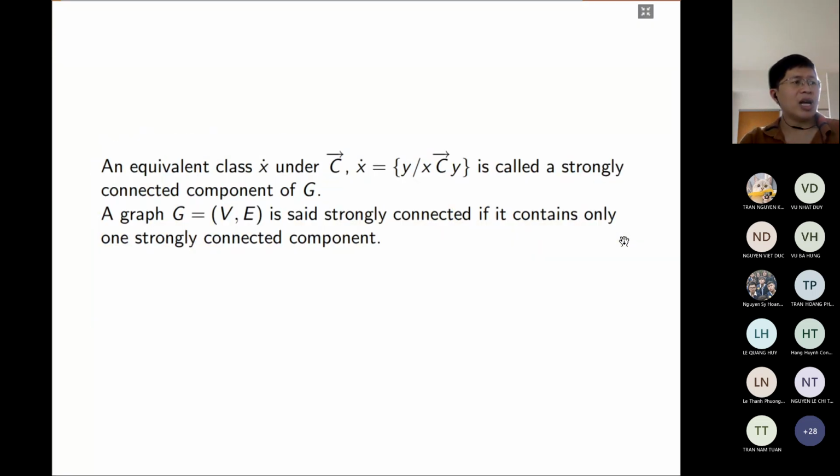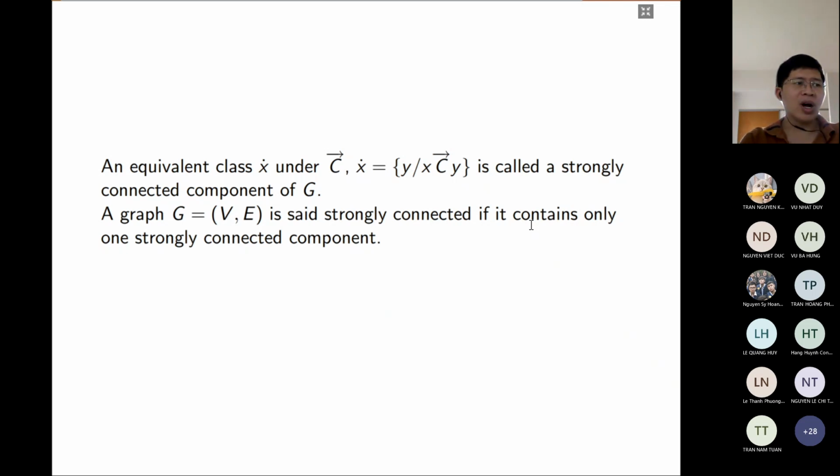And now our task is to detect a strongly connected component. We say that if we have a graph and the graph is strongly connected, it contains only one strongly connected component.